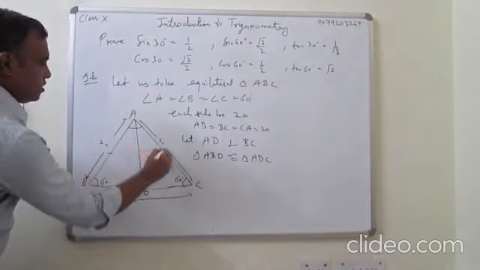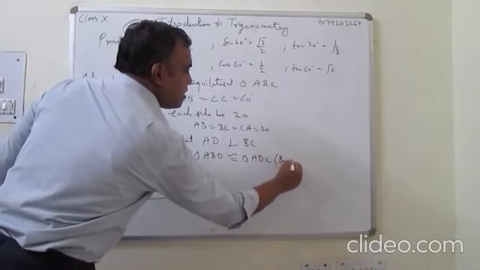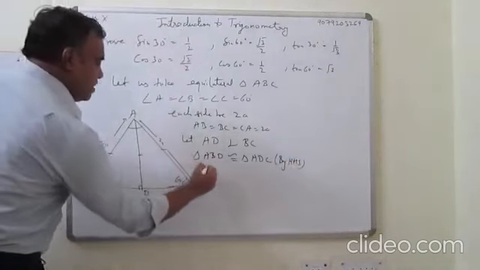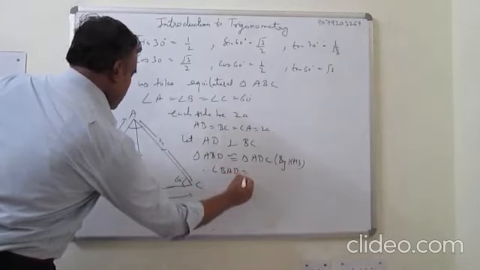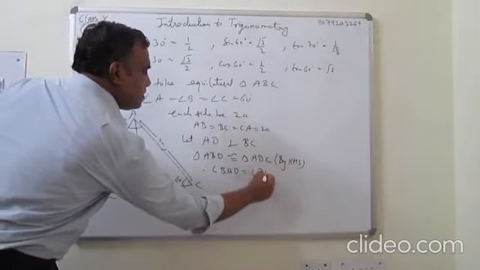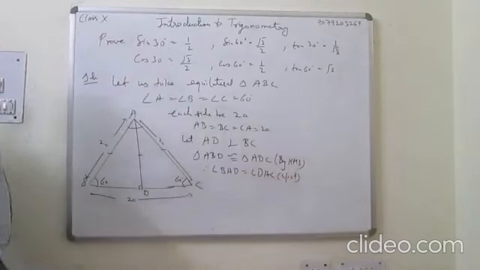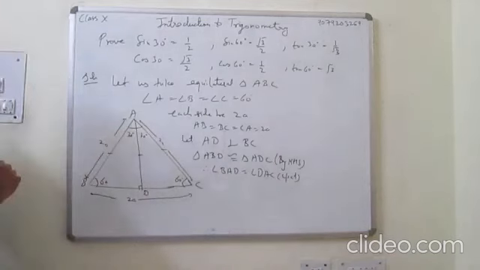This side equals this side, this is common, so congruent by RHS. Therefore angle BAD equals angle DAC by CPCT. So these angles are equal, so it is 30 degree, it is 30 degree.